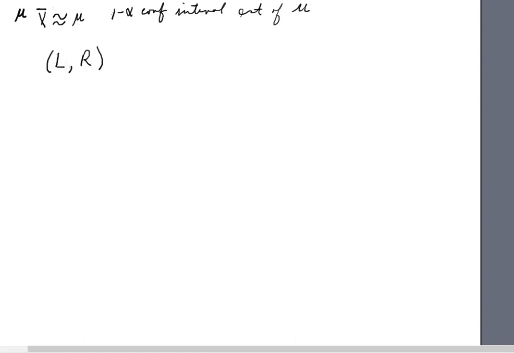So a confidence interval estimate would be an interval, but we would think that mu would be in this interval between L and R. And we would think that 1 minus alpha, if it's a 1 minus alpha confidence interval, is the confidence, which is to say the probability that L is less than mu is less than R.